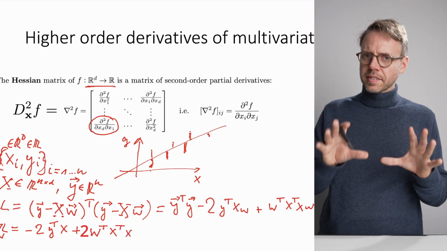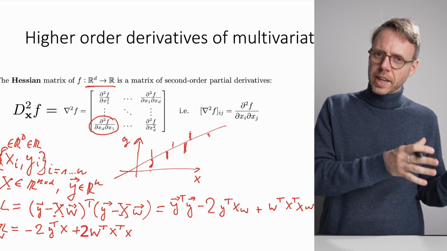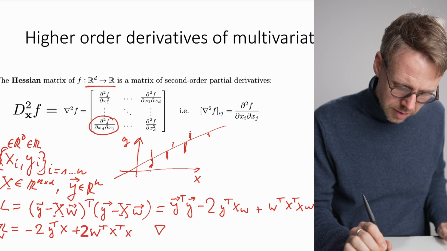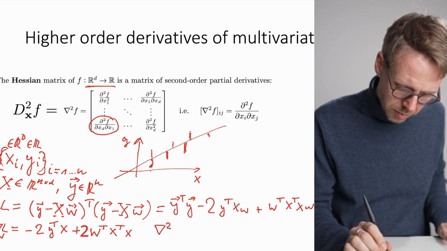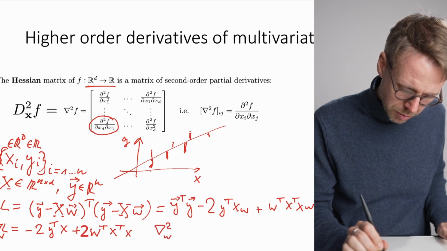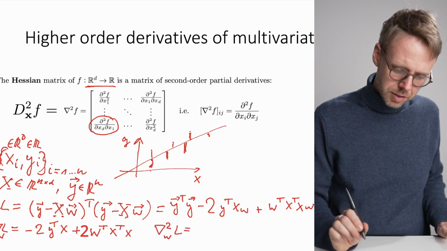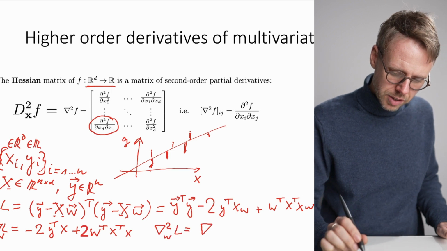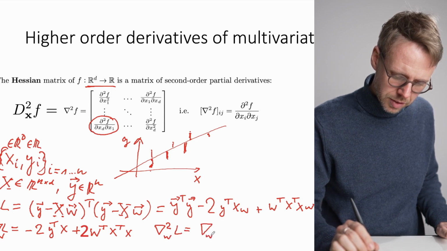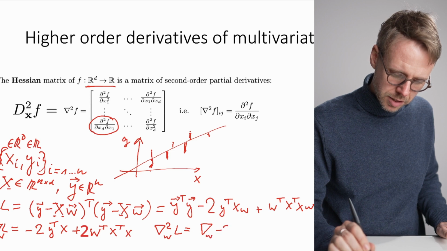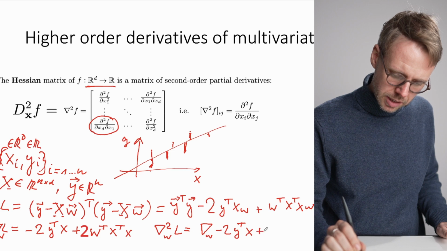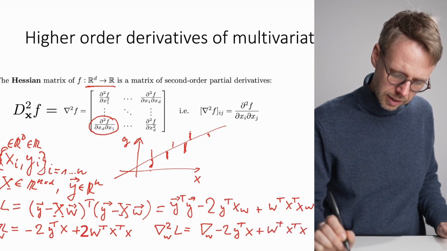So in order to get the Hessian, we have to take the gradient of the gradient. So let's just do that. Well, the Hessian is written as nabla squared w L equals the gradient of the gradient. So let's take the gradient of this term here. So it's the gradient with respect to w of minus 2 y transpose x plus 2 w transpose x transpose x.